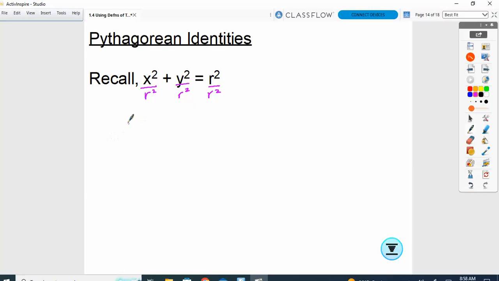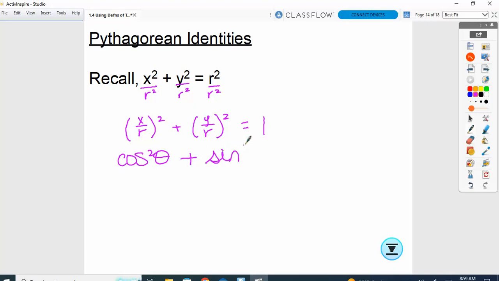So if I divided everything by r squared, we get x over r squared plus y over r squared equals 1. X over r is what trig function? So that's saying cosine squared theta plus, what's y over r? Sine squared theta equals 1.